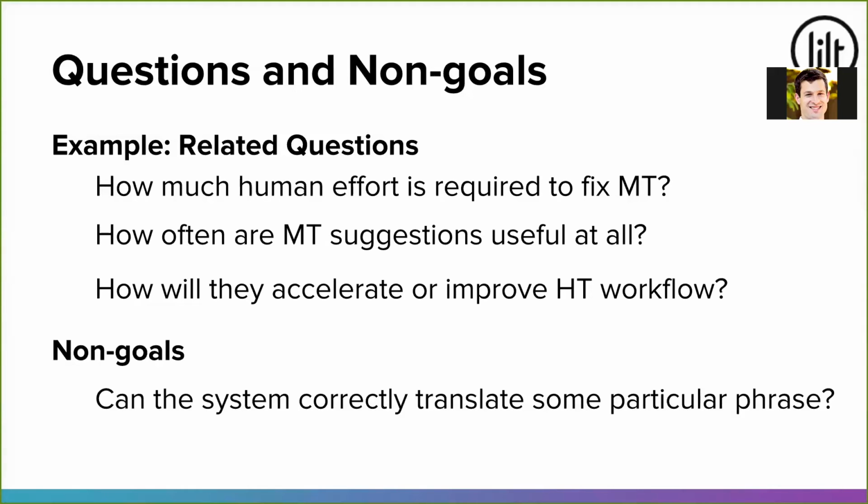That's not necessarily useful information for what we're trying to do here, which is to select, in general, a system that is going to be good across a range of content types and relative to some other system.